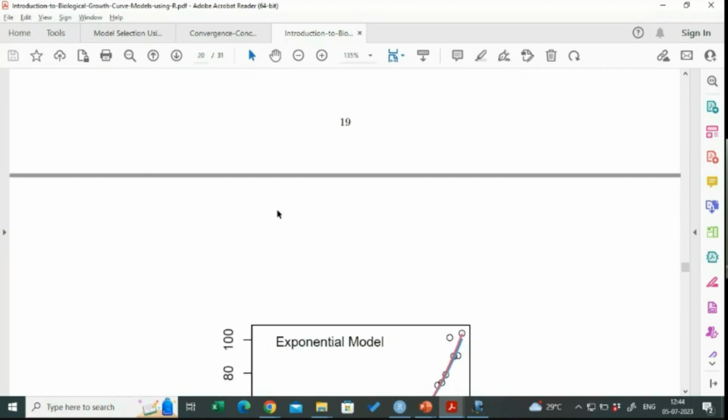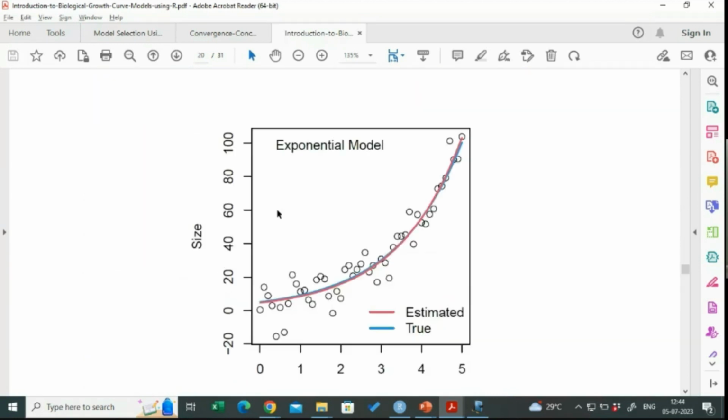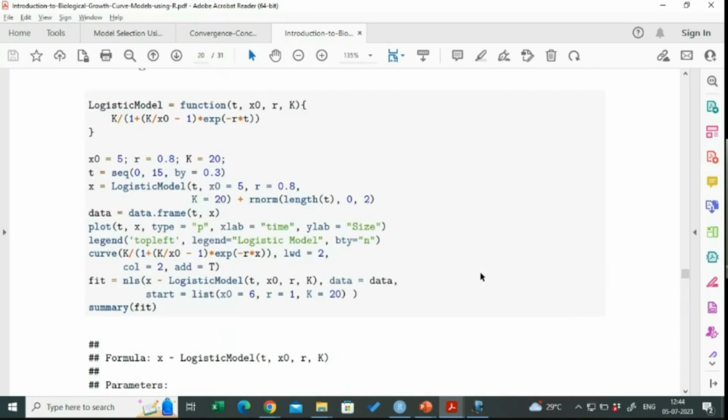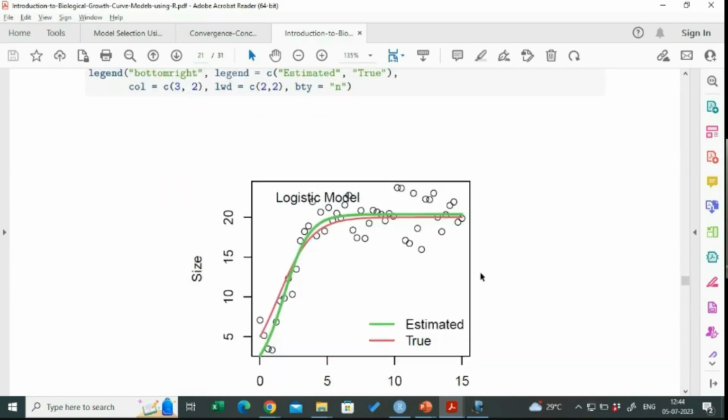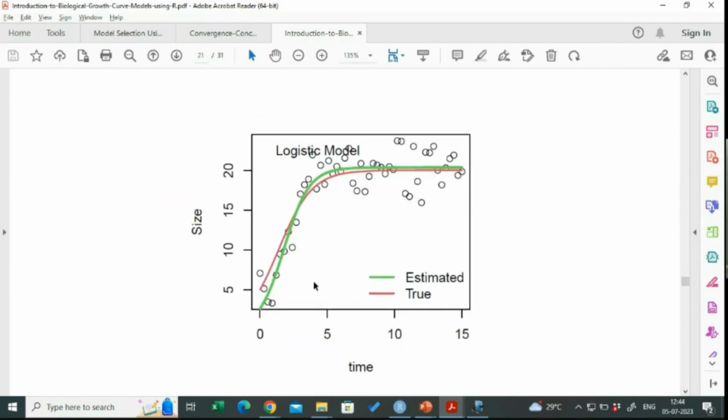And this is the fit that we have already shown over here. One is the true and one is the estimated, and these are getting close to each other, right? And similarly, I have carried out the same exercise for the logistic model also, right? As you see, this is the truth, but based on this data, you got these estimates.